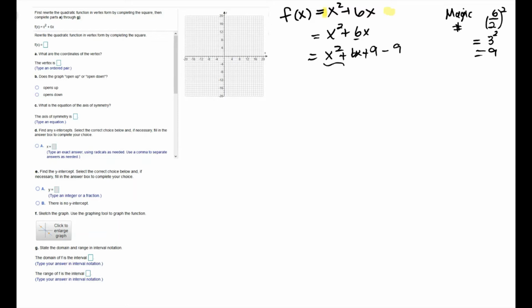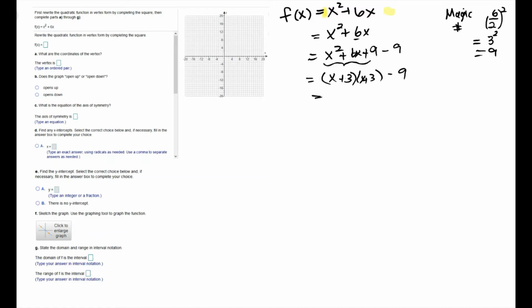I'm going to focus on this group of terms, and those group of terms can factor, and they factor into something special called a perfect square. So if I factor, I would get x and x, 3 and 3, both pluses.